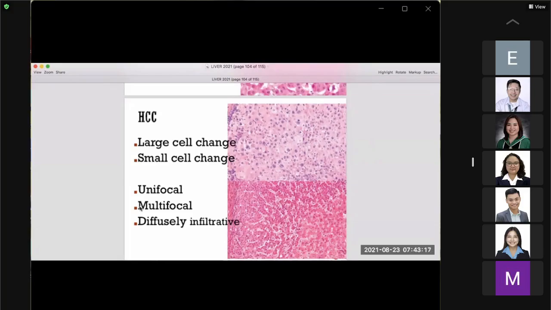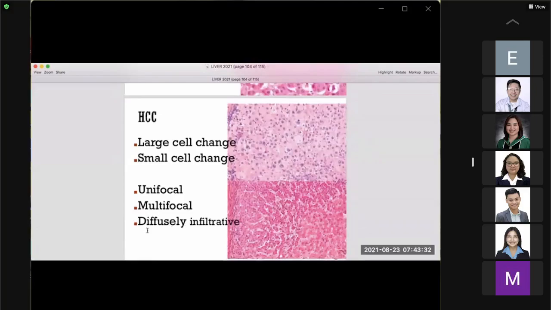But please be reminded that hepatocellular carcinoma can also have multifocal, multifoci, okay, involvement of the liver as well.